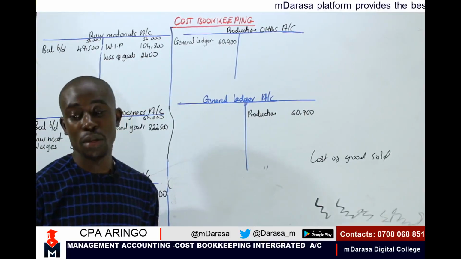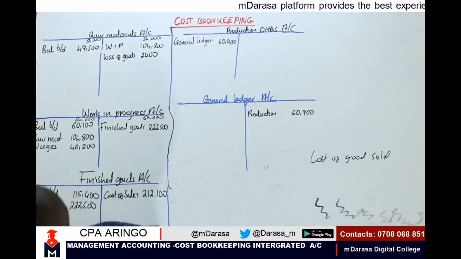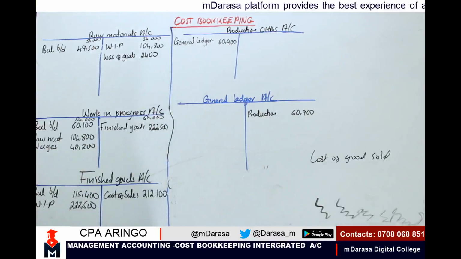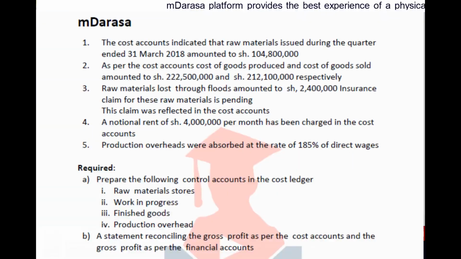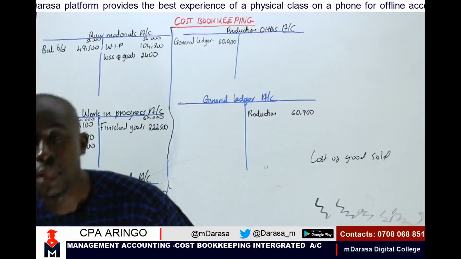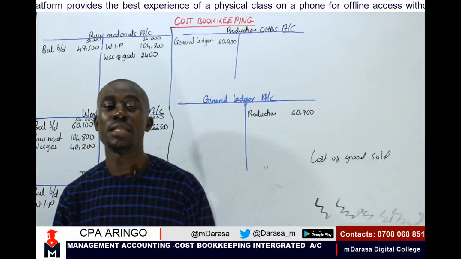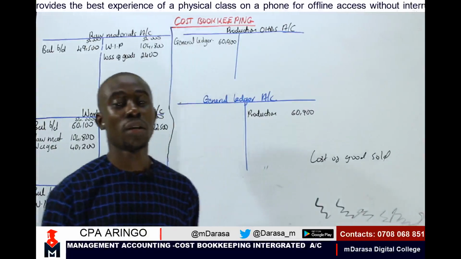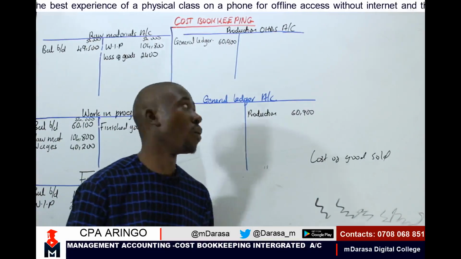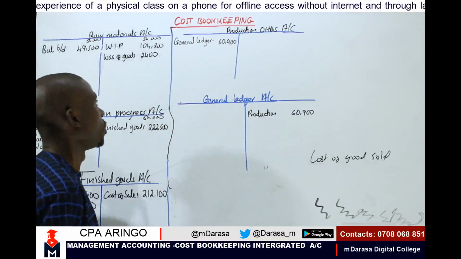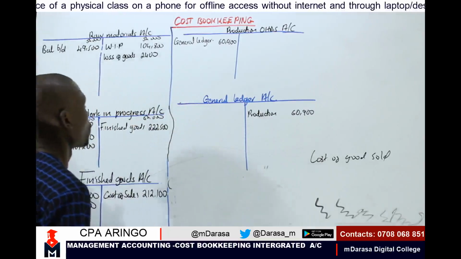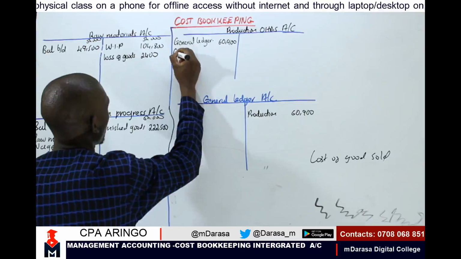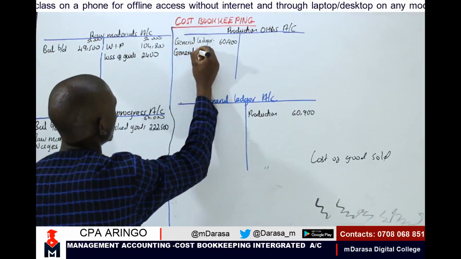The next detail given, I was told that a notional rent of 4,000 per month was charged in the cost accounts. Notional cost, remember we noted that it is an assumed cost. So affecting what? General ledger and our production.